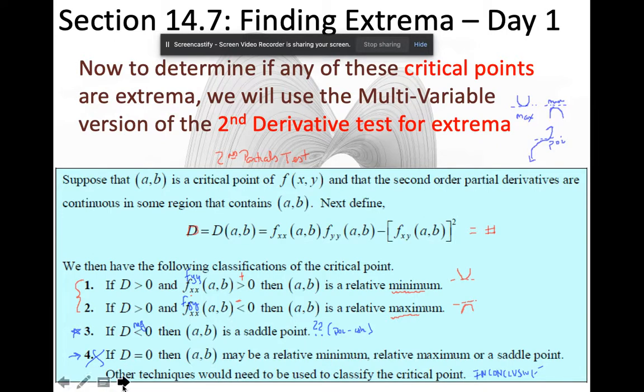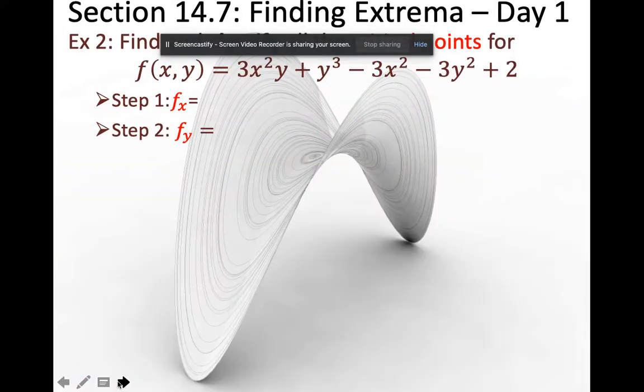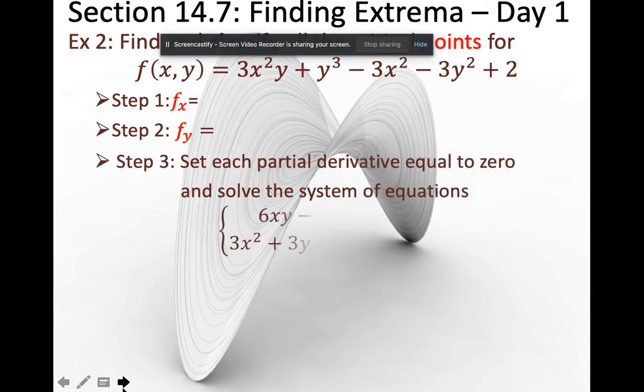All right, so let's practice one. So we're going to start with this surface, and we're going to start off exactly the same as we did before. Here's our partial x. For partial y. Set them equal to 0.